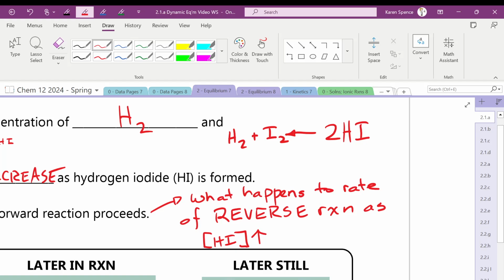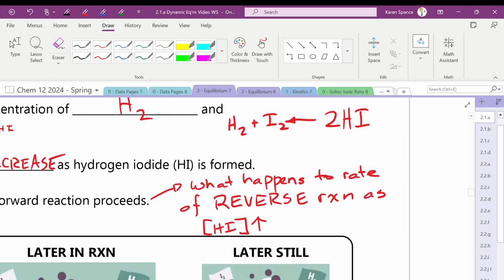So, anyone want to tell me what happens in terms of collision theory? Because the particles are closer to each other because there's more in the same space, right? More particles in the same space means more frequency of collisions, which means that the rate will increase. Okay.